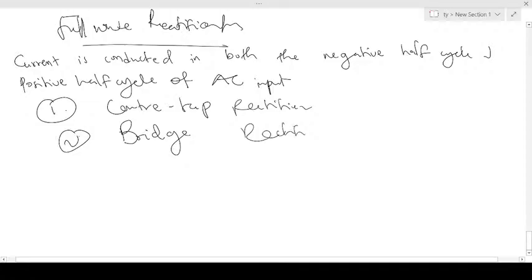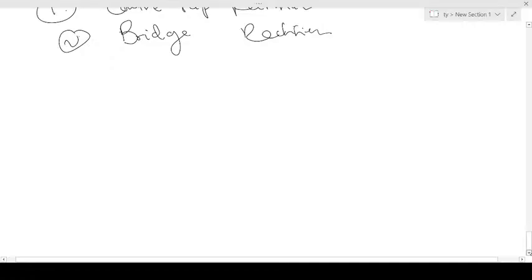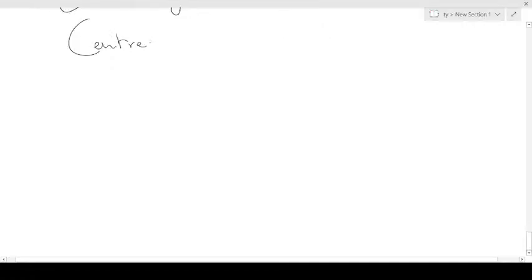Today we'll be covering the center tapped full wave rectifier, and if there's more time, we'll venture into the bridge rectifier.